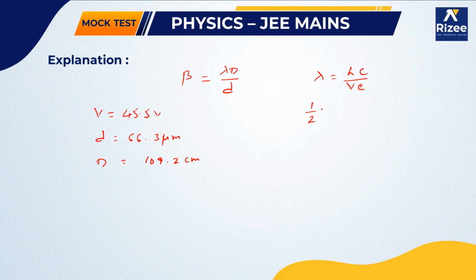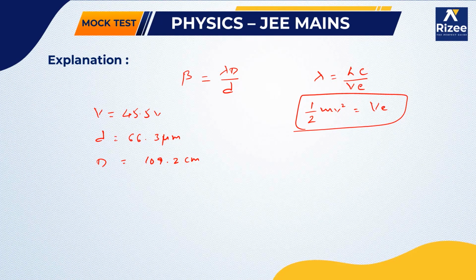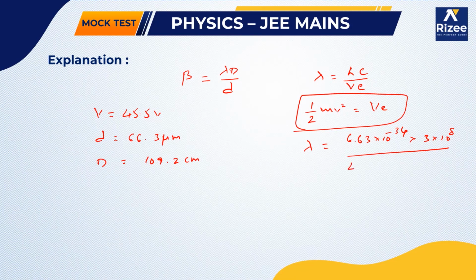So their kinetic energy, half m v square, is equal to potential into charge. Here we can use the lambda formula. The h value is 6.63 into 10 to the power of minus 34, into velocity of light 3 into 10 power 8, by applied potential difference 45.5 volts into charge of an electron 1.6 into 10 to the power of minus 19.